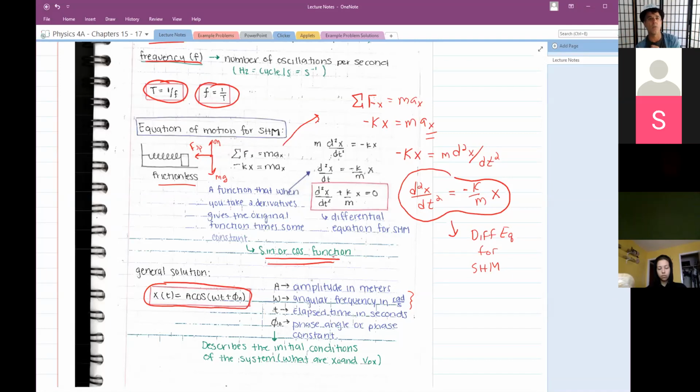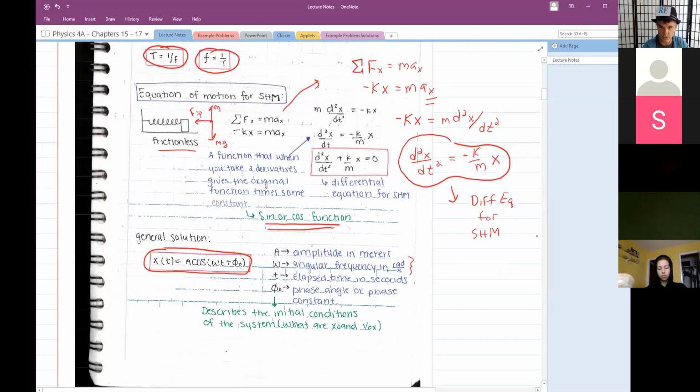So differential equation: I have an equation, I guess at the answer, and then I make it work. I know that the general solution to something where if I take two derivatives of it with respect to time gives me the original function back times a constant is sine or cosine.